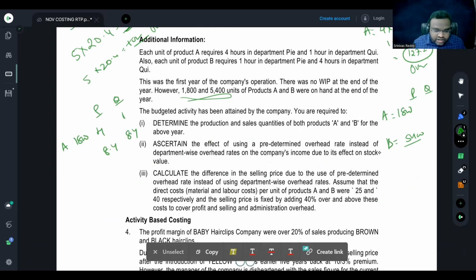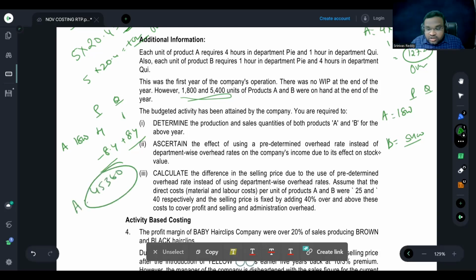So if I calculate here, 4 into 8.4 minus 8.4, that is 25.2 into 1800, 45,360. You are putting your valuation more. That means it is the effect on the closing stock value.